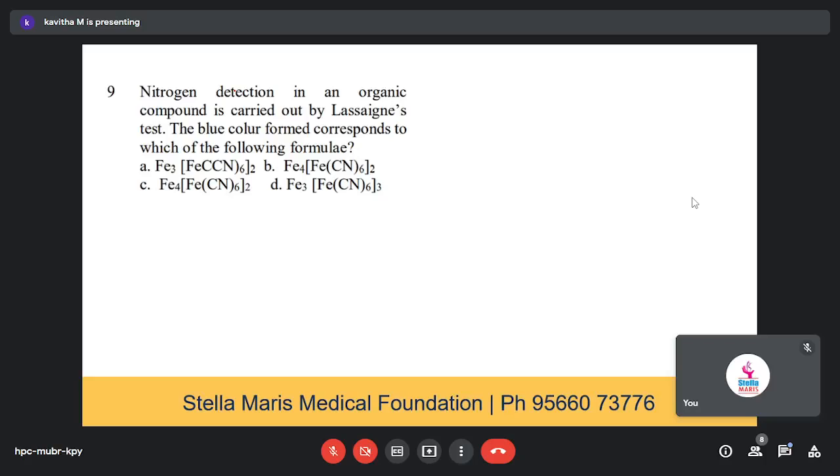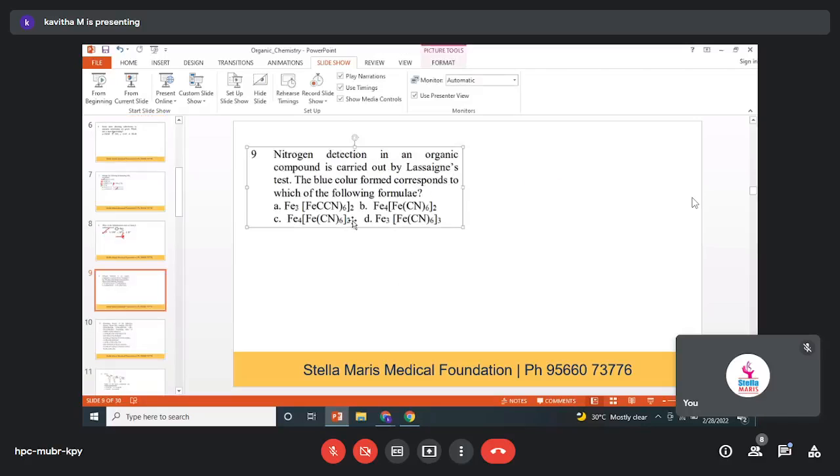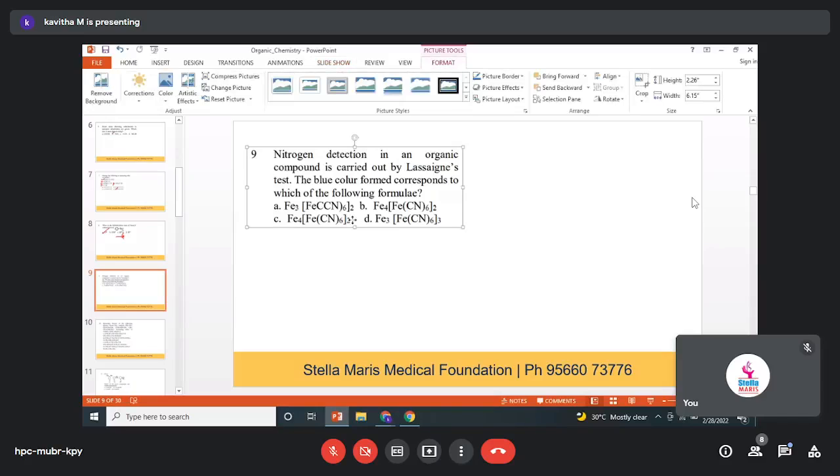In both cases it is given as 2. So here it is given as an image, so I couldn't correct it. So it is Fe4[Fe(CN)6]3.